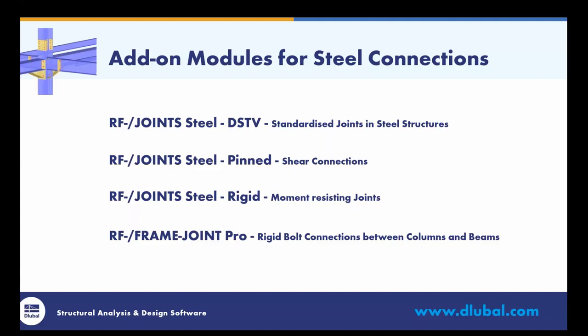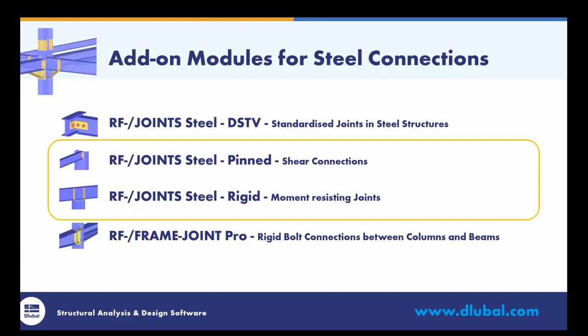For the modules in the frame, I will do a design later on, although I will concentrate on the Joint Steel Rigid because this is the newest module of the joints family.